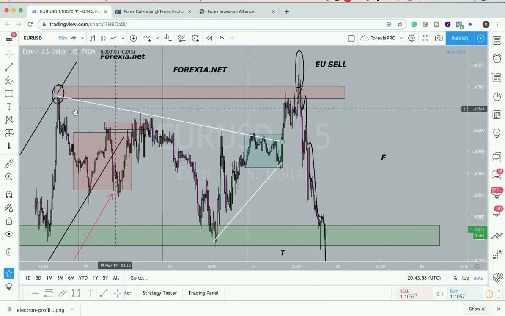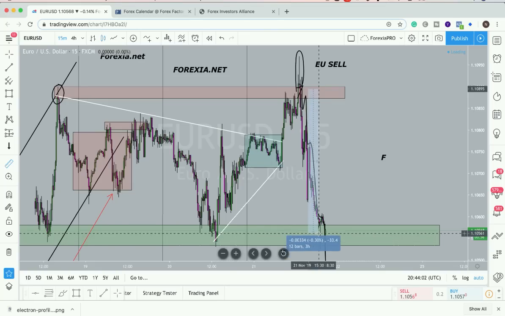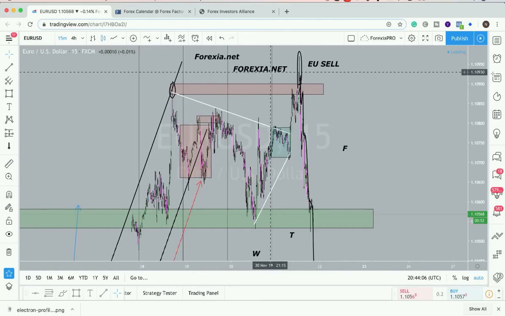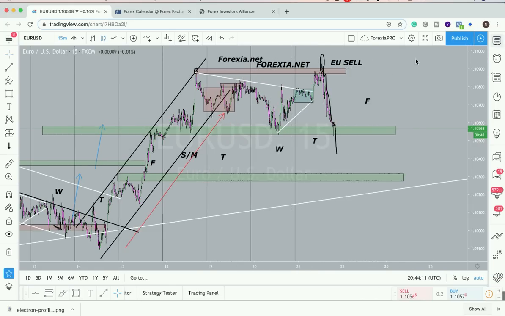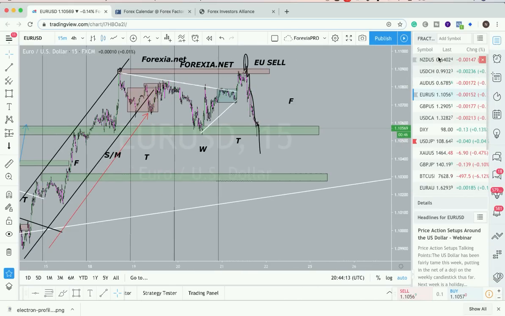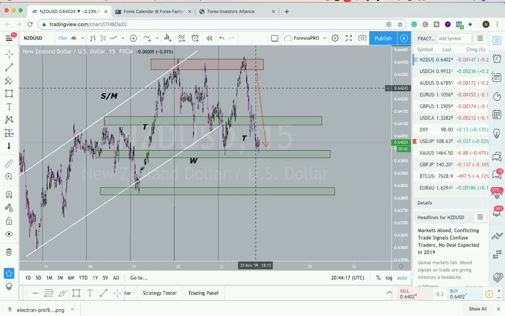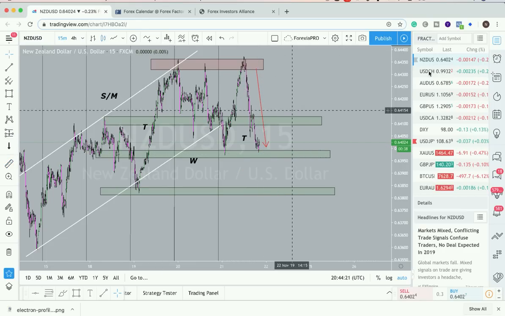Currently, the first take profit has been smashed, around 33 pips floating. Take profit 1. Very nice trade play out so far. NZD USD was also called. Both take profits were smashed, about 30 pips floating.